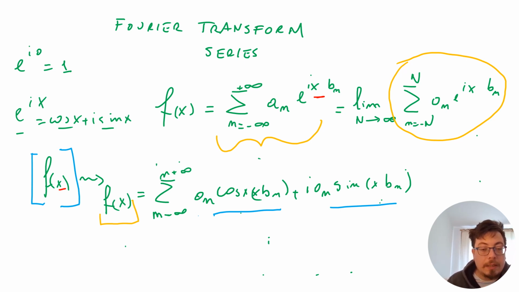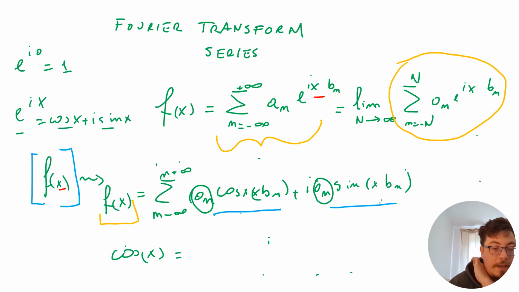Let's see if I can do the cosinus of x. Of course, you see there is this a_n and a_-n here, so we cannot set one to 0 and the other not 0. They need to be both present.